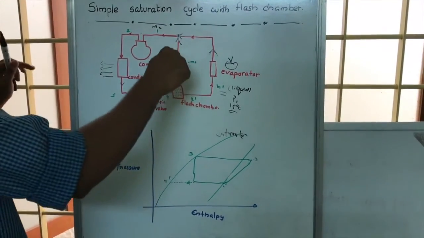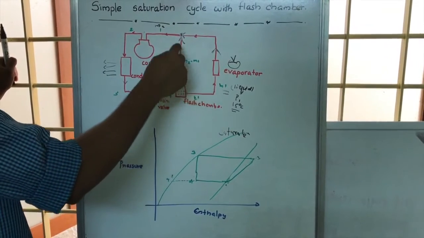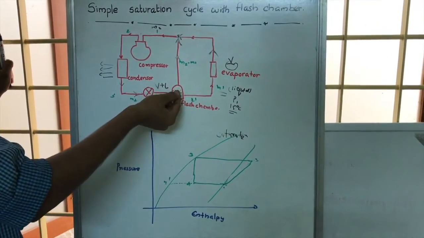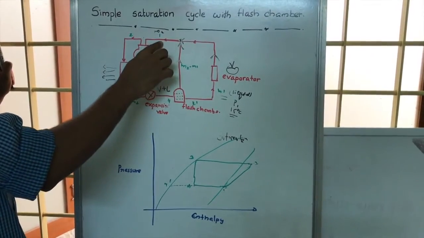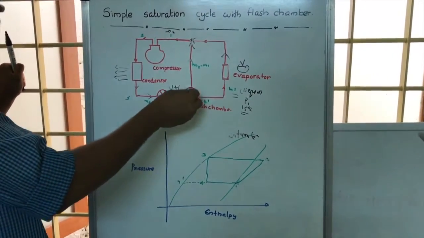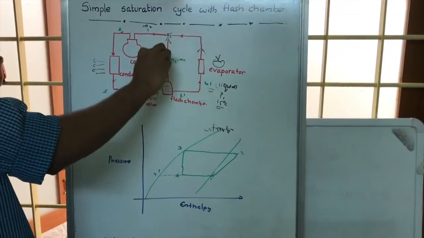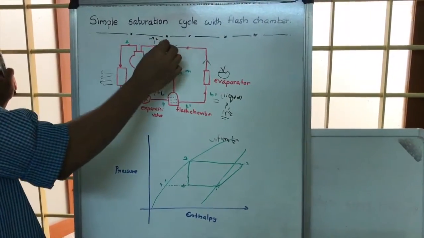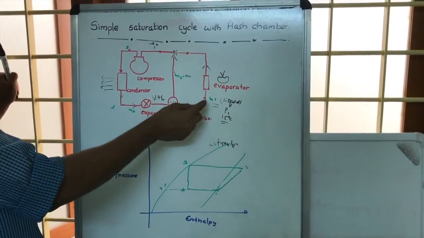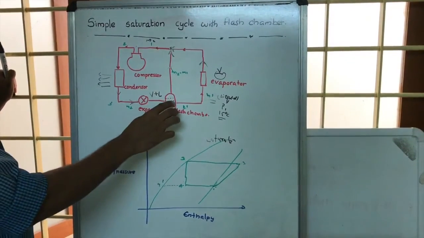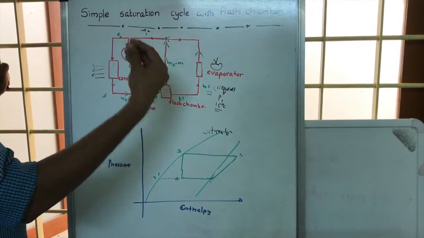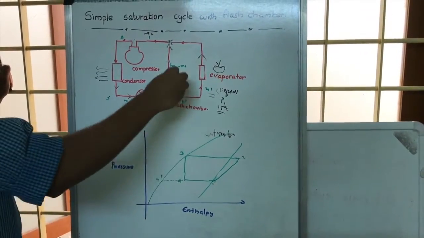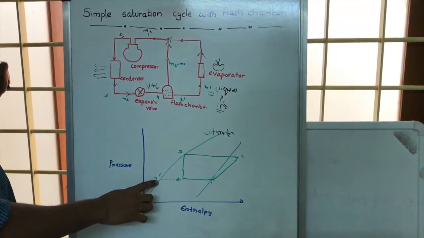Now here it is M2 minus M1 into H1, because the vapor coming out of this flash chamber will have an enthalpy H1. That's why it is vapor. And this enthalpy is M1 into, here the liquid is coming out, and since it is only liquid, not a mixture, it is H4 dash.